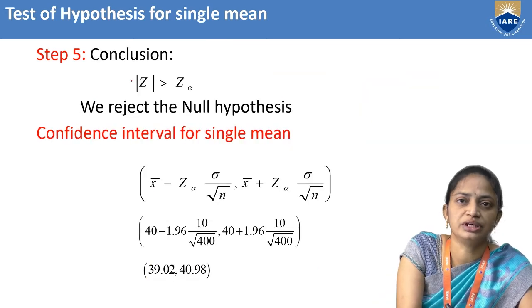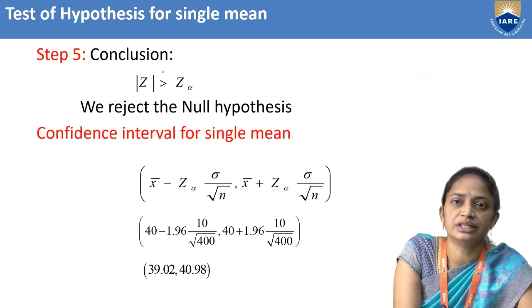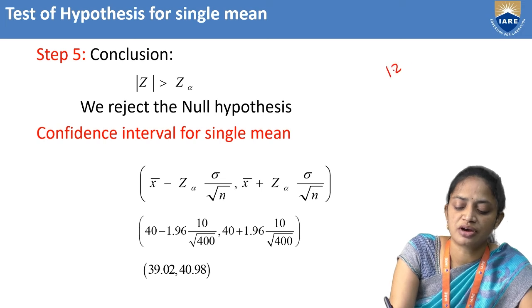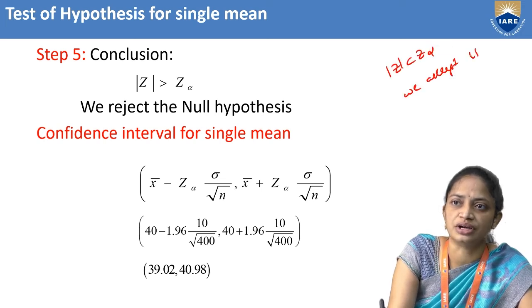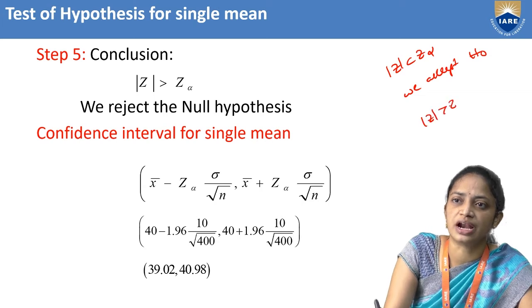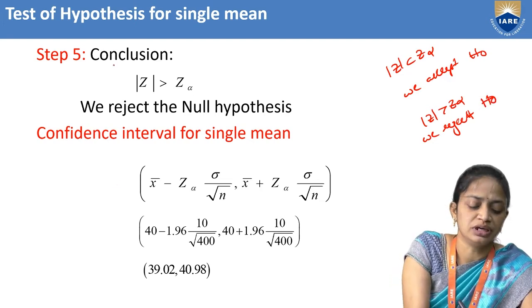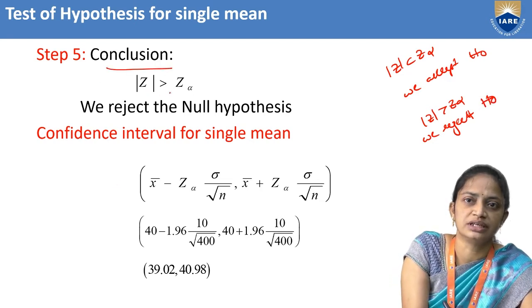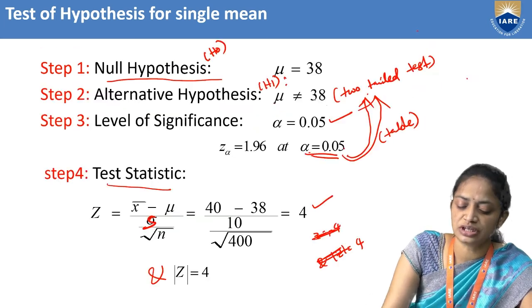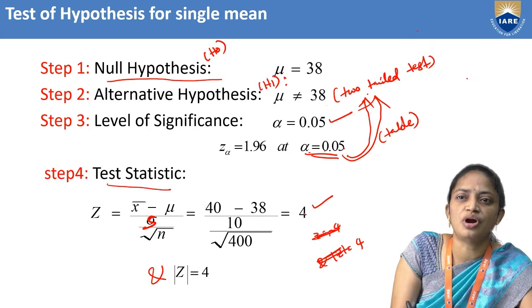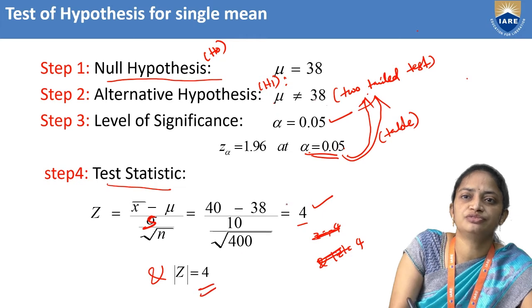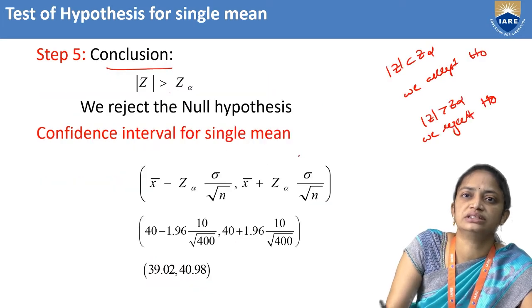Coming to the conclusion: if modulus of z is less than z alpha, we accept H naught. If modulus of z is greater than z alpha, we reject the null hypothesis. Here mod z is 4 and z alpha is 1.96.